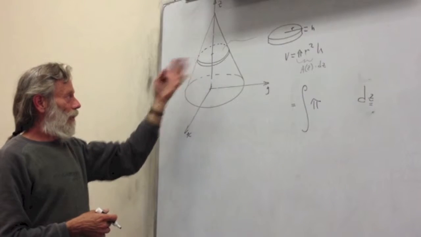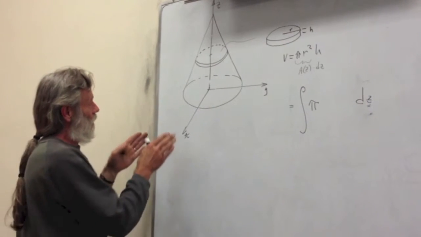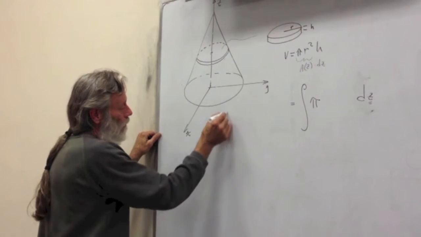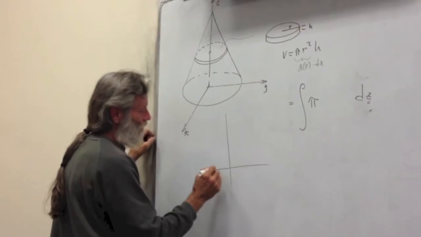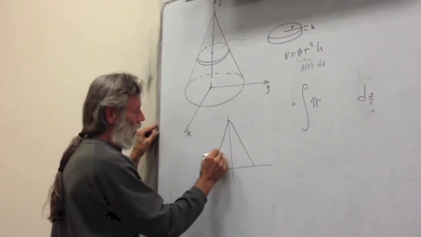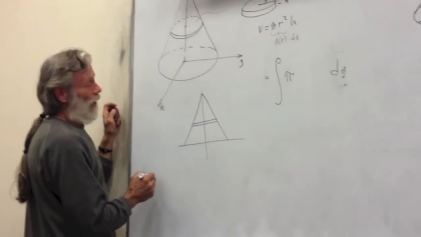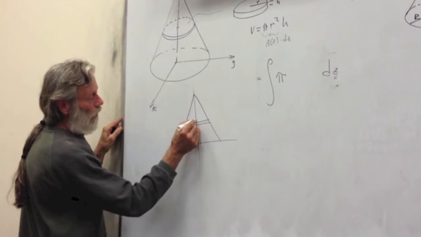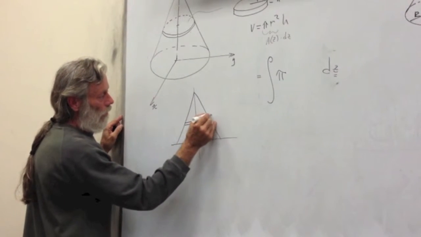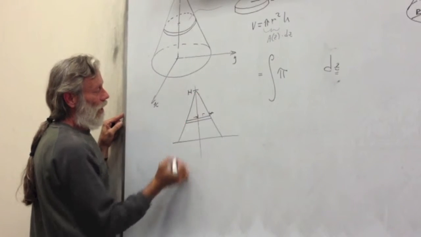Looking at it here is probably not the easiest way to get that relationship, but if I look down the x-axis at it and picture this more flattened out, I'm dealing basically with that, where this is the r value that I'm wondering about. I know this full height is up to h.